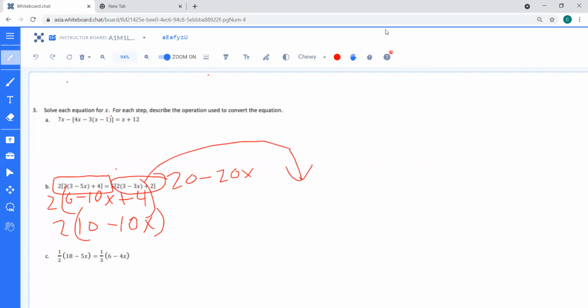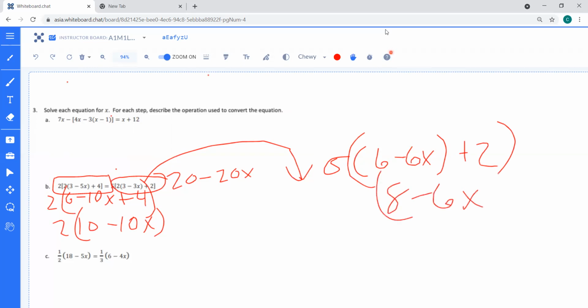So now I'm going to move this right here. That would be 5 times 6 minus 6x plus 2. Okay, and this is still inside the parentheses, so let me go ahead and do that first. That would be 8 minus 6x times 5. That's 40 minus 30x.